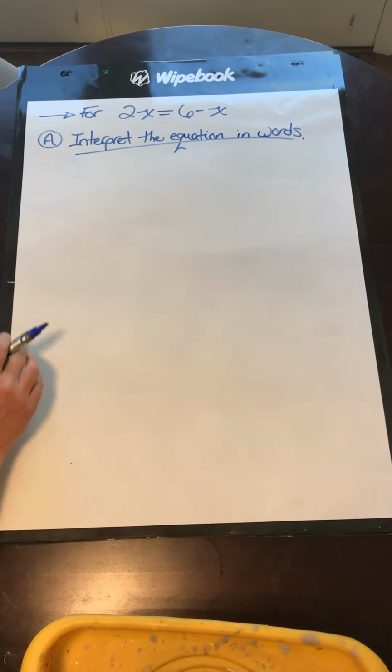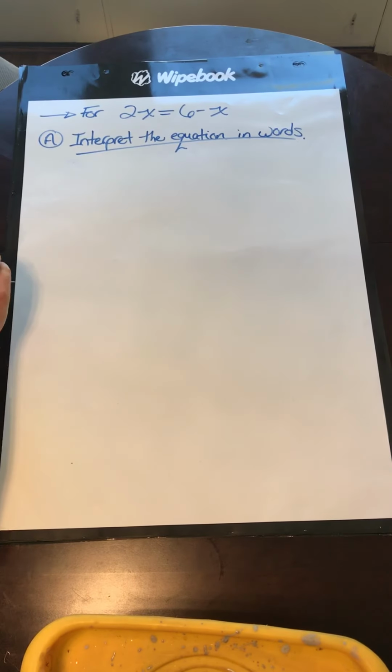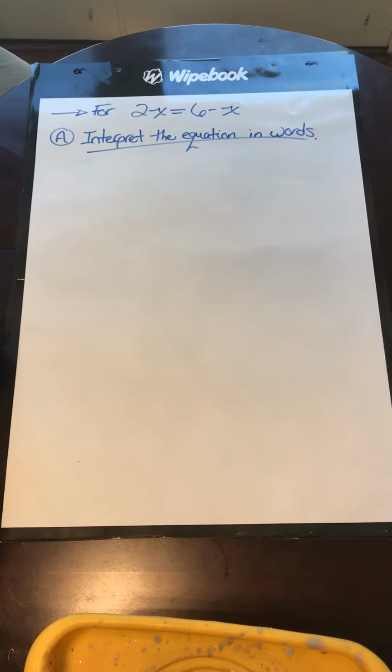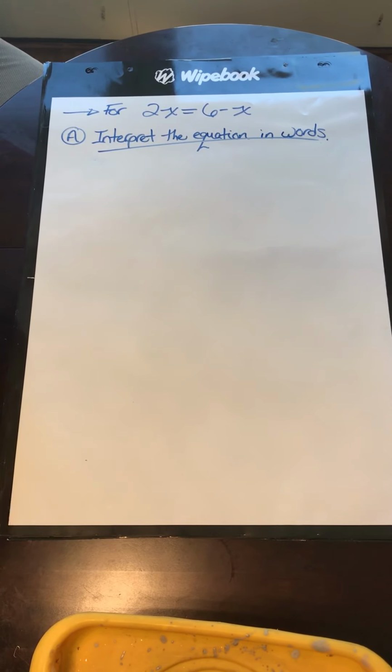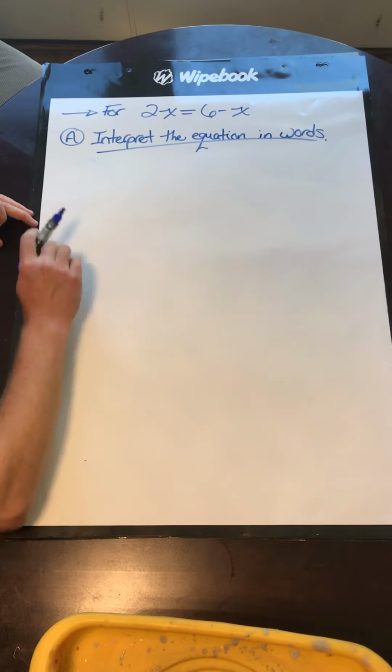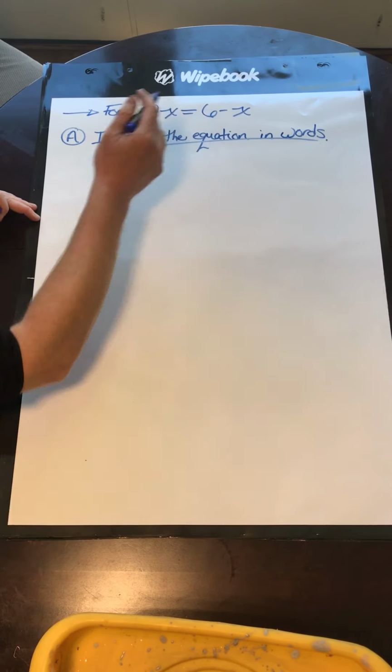Okay. For the algebraic equation 2x is equal to 6 minus x, the first thing that we want to do is interpret the equation in words. So what does this mean in words?